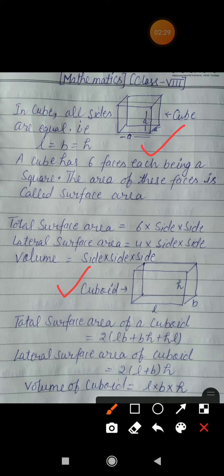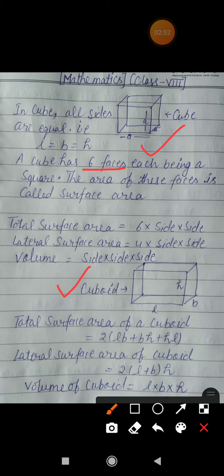Now we have to tell you the meaning of face. A term you have to see here is face. So what is the meaning of face? In the room in which you are seated, a wall is in front of you, so that wall is known as a face.